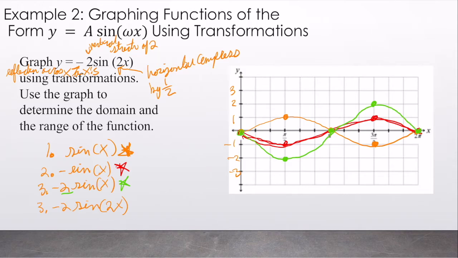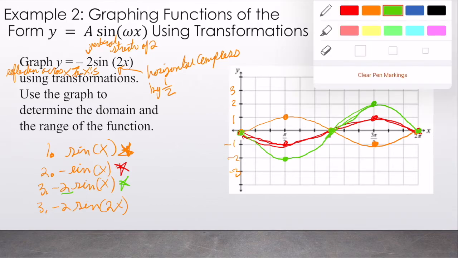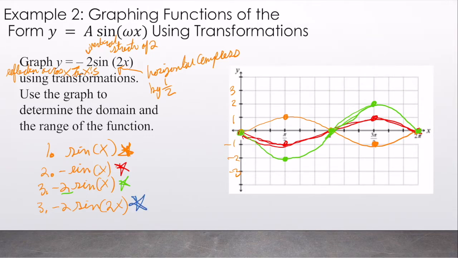But next, our last step, last but not least, is we're going to horizontally compress it. That means we're going to divide our period, the interval over which this repeats, in half. So I'm going to take all of this that happens over 2 pi and squish it into just happening up until pi.